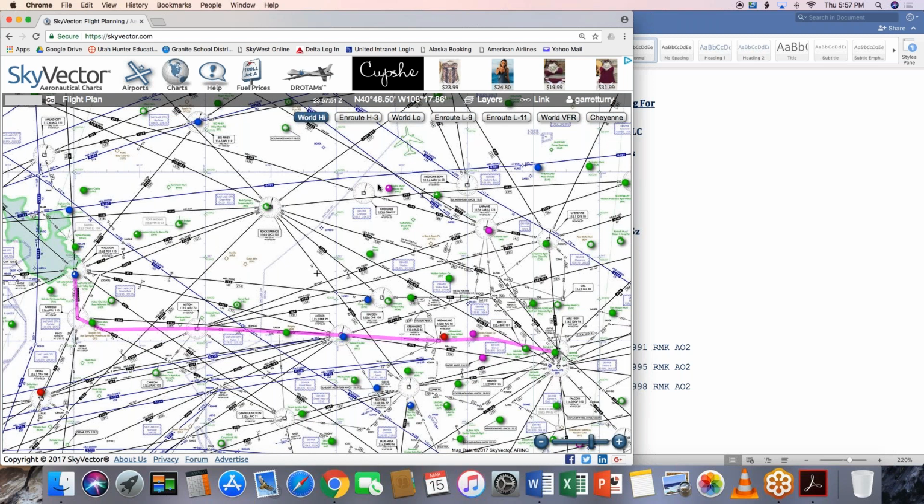So we take 18 minus 4, because it's warmer, so our OAT minus our ISA. 18 minus 4 equals 14 degrees C. This is a plus 14, positive.